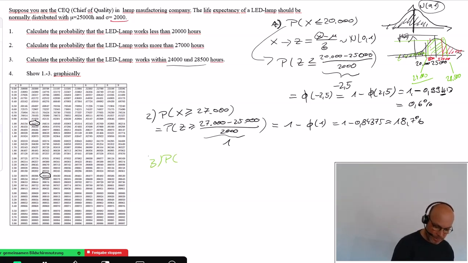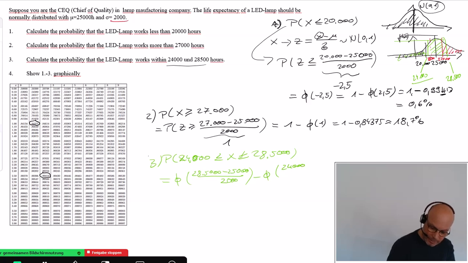So third, the probability of 24,000 smaller than x smaller than 28,500 is then phi of 28,500 minus 25,000 over 2,000 minus phi of 24,000 minus 25,000 over 2,000, and this is then phi of 1.75 minus phi of minus 0.5.